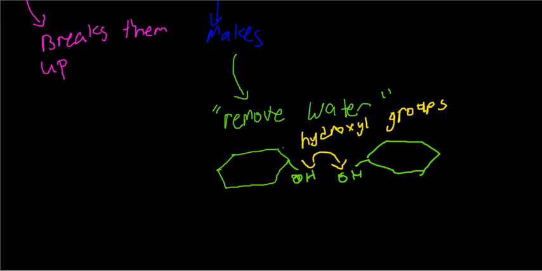So in dehydration synthesis, these hydroxyl groups come together. The hydrogen from this OH and the entire OH group from this one are going to come together as water, because water is H2O.